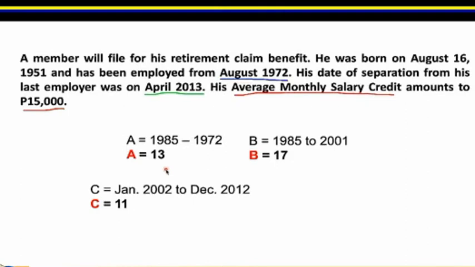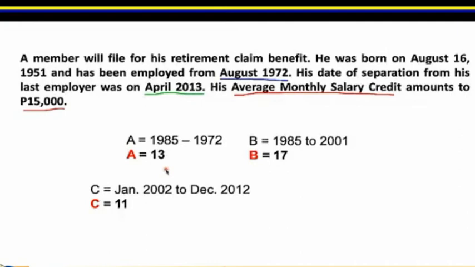So 1985, 86, 87, 88, 89, 90, 91, 92, 93, 94, 95, 96, 97, 98, 99, 2000, 2001. Ilan lahat yun? 17, right? Binilang natin sa ating fingers, no? So, 17 total. Kaya letter B is equal to 17.